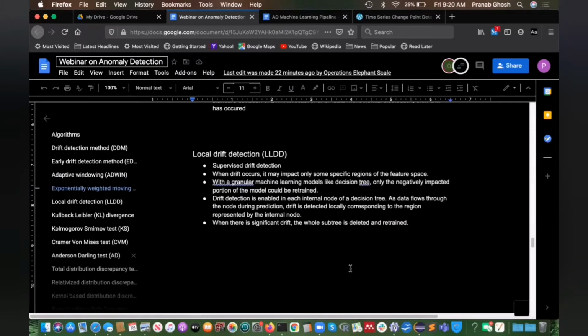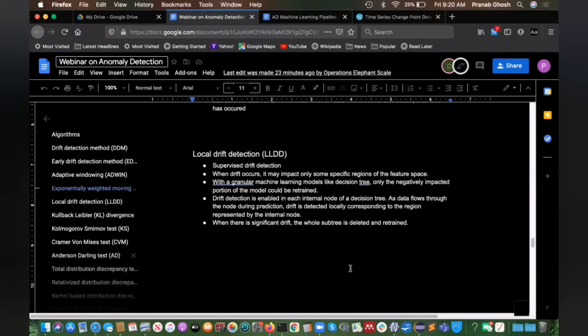Local drift detection. This is what I was referring to earlier. When drift occurs, typically it only impacts a small region of the feature space, not the complete space. However, most algorithms are not able to handle this kind of granularity. So whenever a drift is detected, typically you rebuild the whole model.